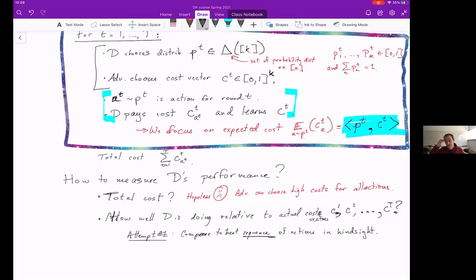And now we can imagine going back and saying, well, maybe on the first day I should have chosen action number 2, on the second day action number 4, on the third day action number 5, on the 7th day action number 1, whatever it is. And maybe what we could hope for is that the decision maker will do almost as well as that best sequence of making the perfect choice for each day. And again, unfortunately, that's just not possible. Okay, so this is also hopeless.